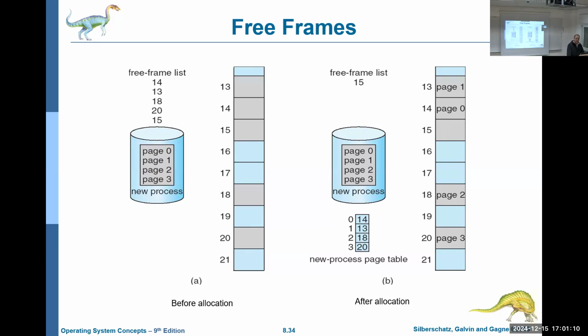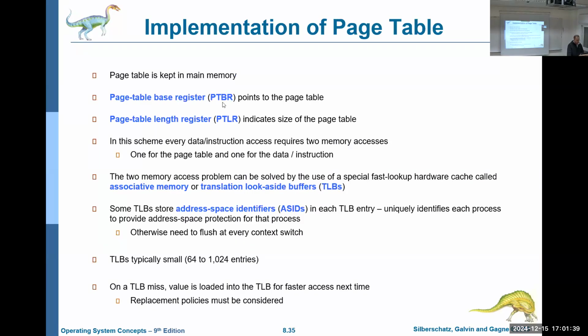You make a page table for the full size, because you don't know, even though the program itself only needs 4 pages. I guess you wouldn't want the size of the page table to change. I'm just saying, this is a simplistic example. It's saying the maximum is 4 rows, but it's usually going to be larger. All right.